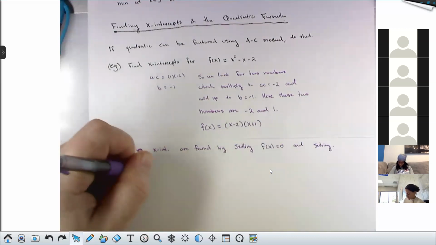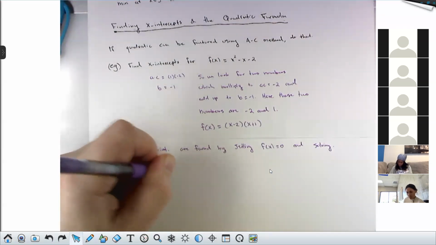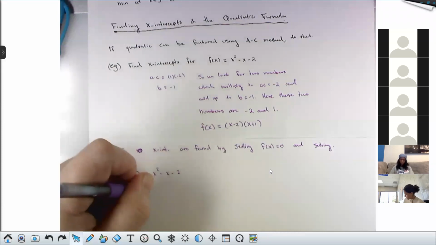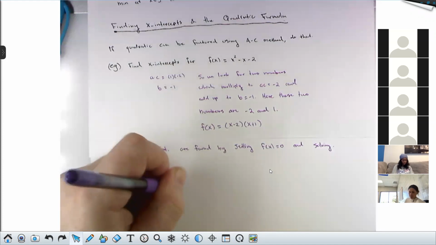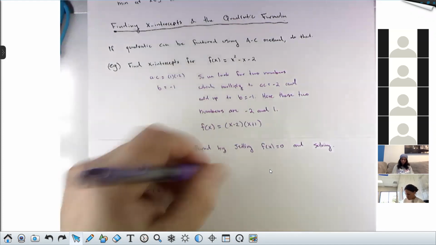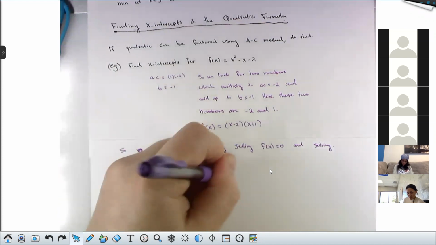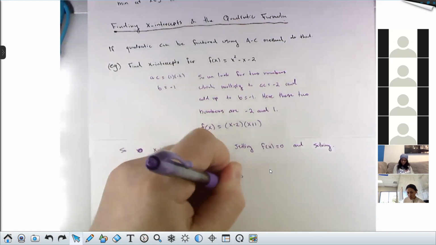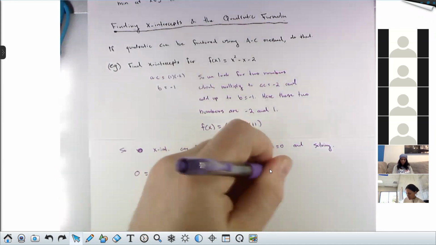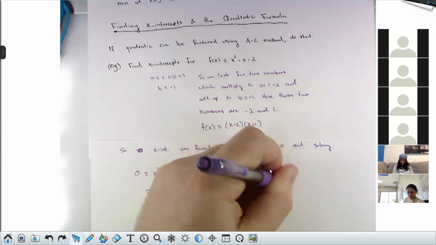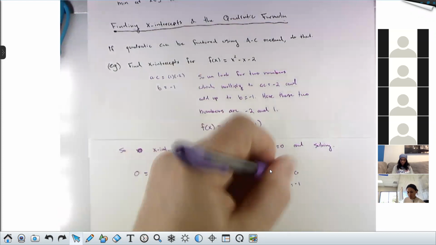So here, 0 is equal to x squared minus x minus 2, which we've just factored as x minus 2 times x plus 1. So now I can set each of those factors equal to 0 on their own. And we get the two x-intercepts.